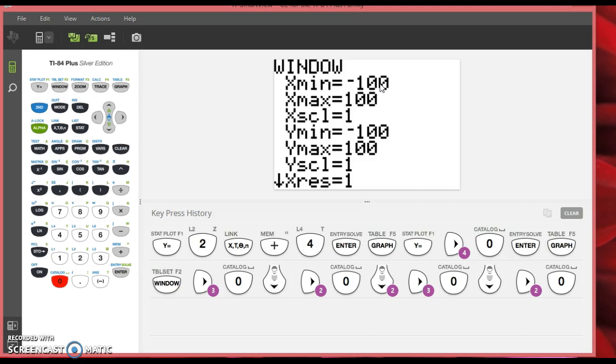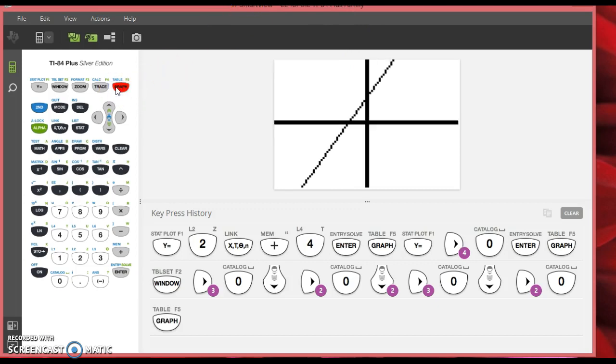It's going from 100 to negative 100, 100 to negative 100. Let's go back and hit graph. There it is. There's your line. The line was always there, but when I had that original window set, we were just looking right there. So we couldn't see the line because it was outside that original window.